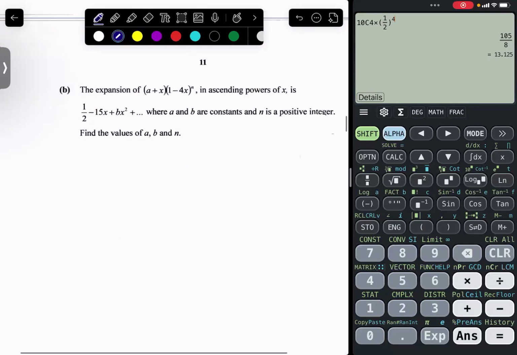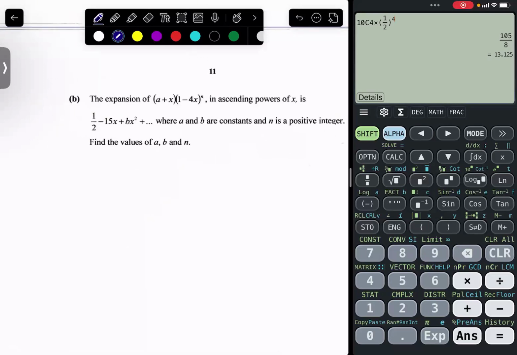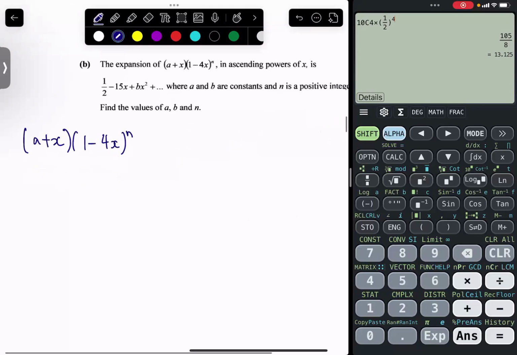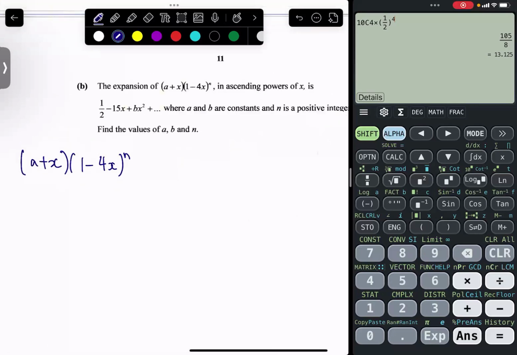Now, in the expansion of (1 − 4x)^n and (a + x), we're going to try to expand this. First, understand that (a + x) consists of a number and an x term.